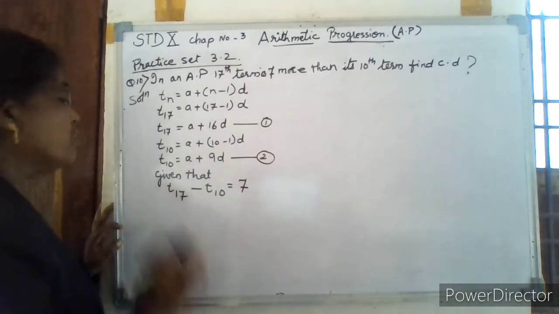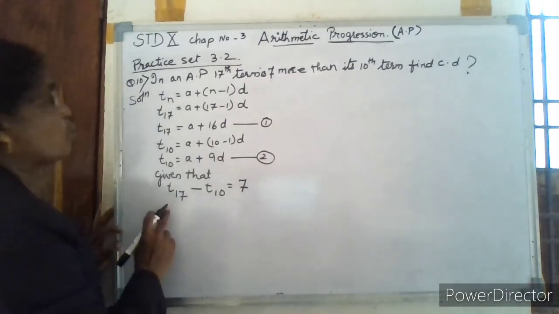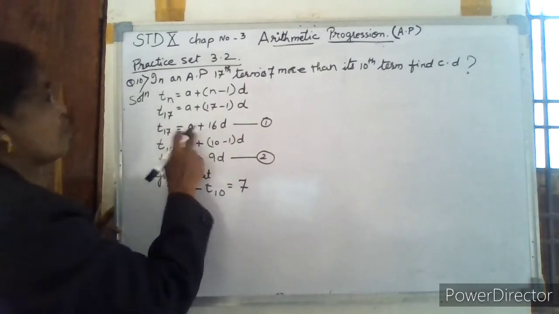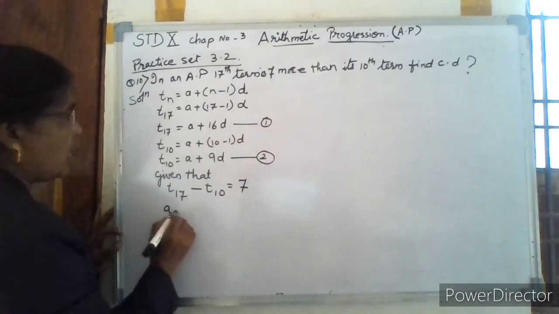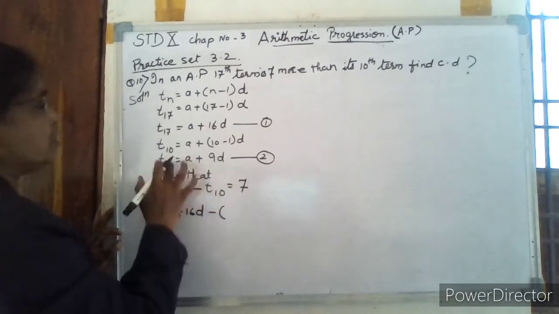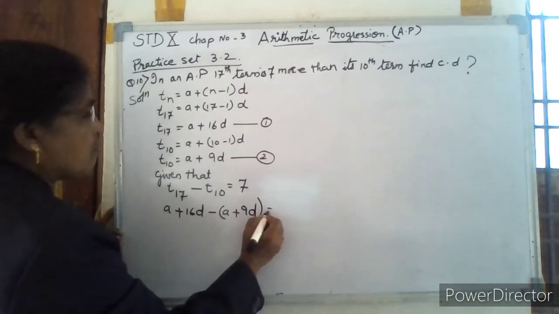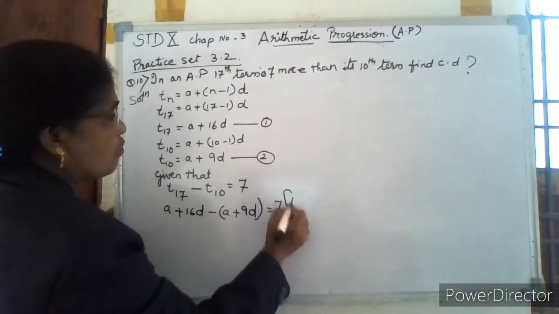This is what is given. So from 1 and 2, the 17th term is a plus 16d, minus, put it in the bracket, the 10th term, that is a plus 9d, is equal to 7. This we got from 1 and 2.